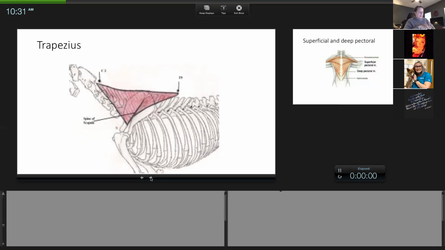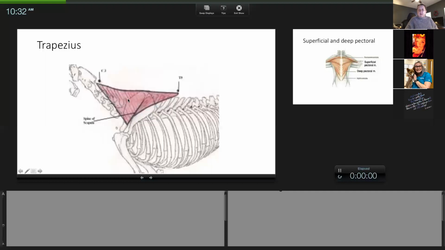But the trapezius, if we look here, originates on the dorsal neck, and its point of insertion is the spine of the scapula. If you remember when we went over the spine of the scapula, it's a point of muscle attachment. But if you can imagine that it's going to advance or help pull the limb forward, because what happens is these fibers here on the trapezius are basically going to pull towards here.